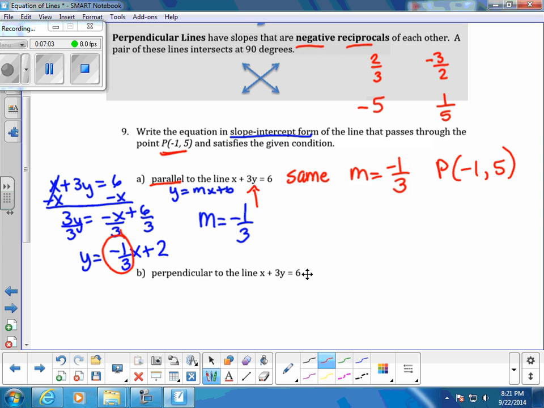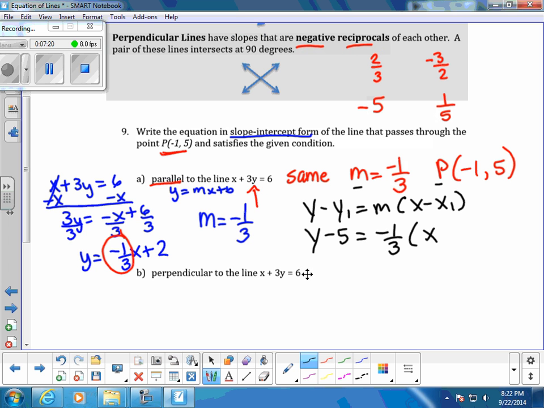So let's put that in point-slope form, because we have a point and we have a slope. y minus y1 equals m times (x minus x1). y minus 5 equals negative 1/3 times (x minus negative 1, which would be plus 1).